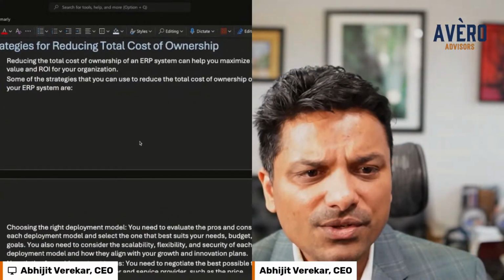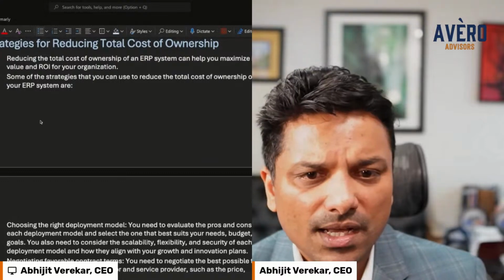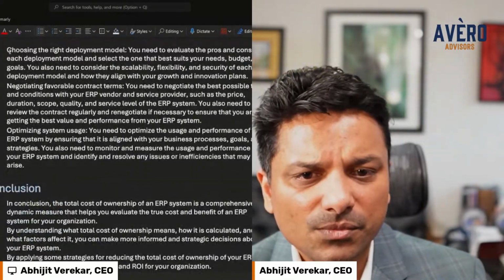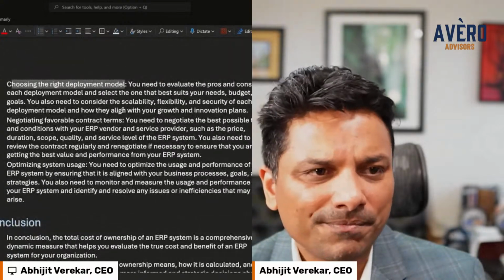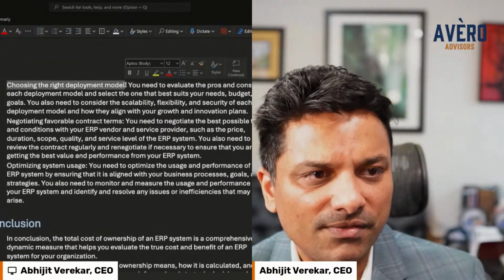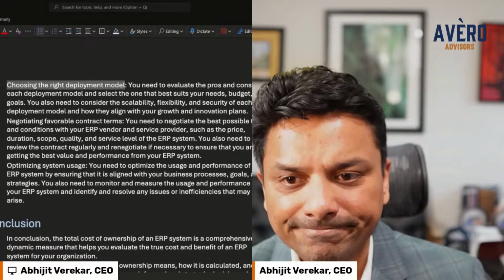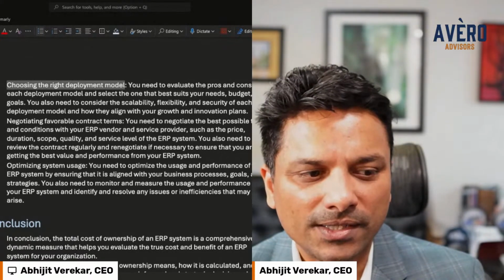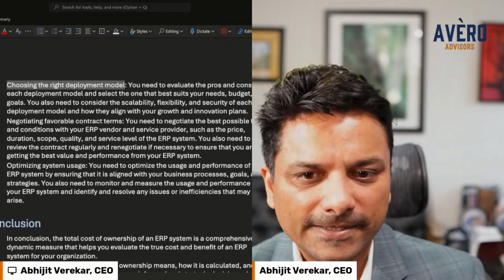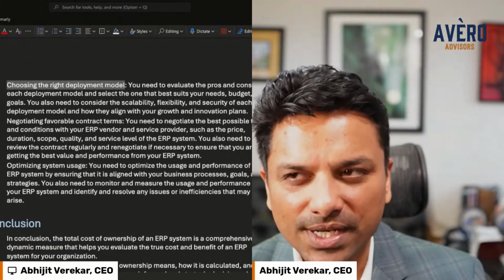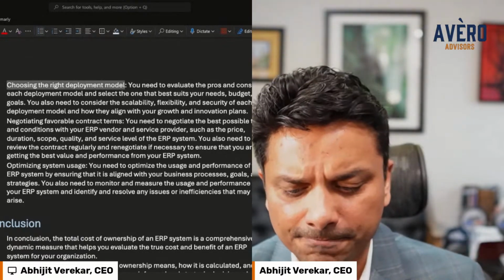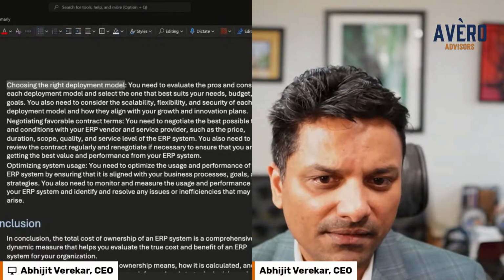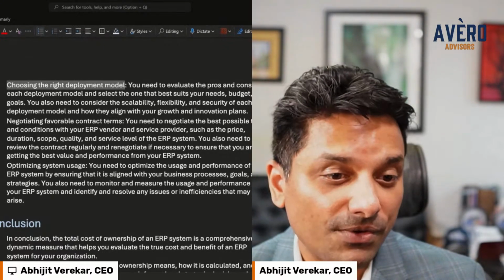So how do you reduce total cost of ownership? Several different strategies, right? One, choosing the right deployment model. Our professional advice typically these days is don't worry about on-prem. It may seem like a good idea on paper, but it's a losing strategy because you really can't keep up with the speed of innovation and the management that SaaS products offer you.